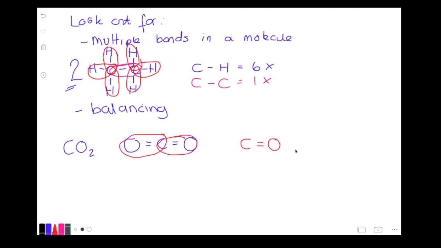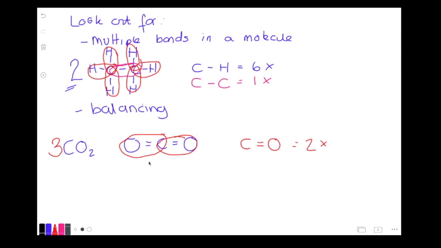So there will always be a minimum of 2 times whatever the value is for the carbon double bond oxygen bond energy. And again, look out in your balanced equation, because at the start of carbon dioxide, that could have a 3 in front of it. So again, instead of just having 2, this time you would have 6 carbon-oxygen bonds.